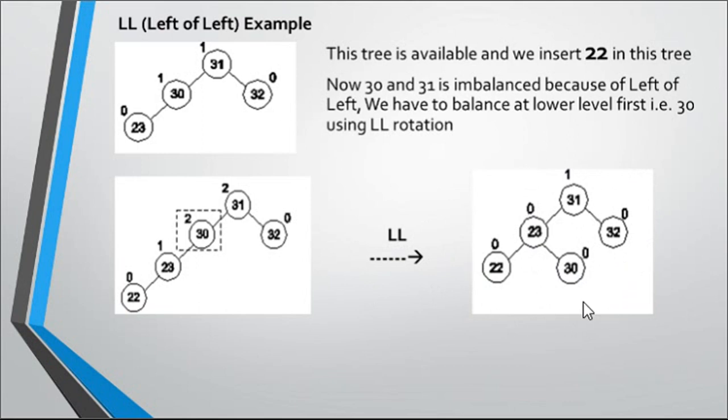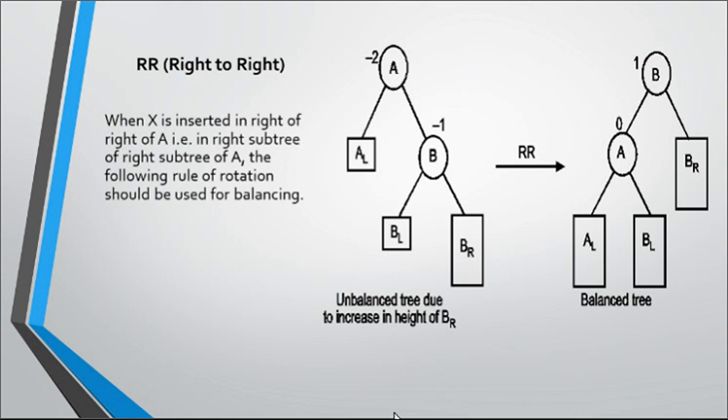And again we'll calculate the balance factor of each node. So it will be 0, 0, 0 and this is 1 because 2 minus 1 is 1. Another rotation, that is RR rotation. Now in RR rotation, this is A, this is B and suppose we have added something to right of B, that is BR is imbalanced and because of that A is imbalanced.